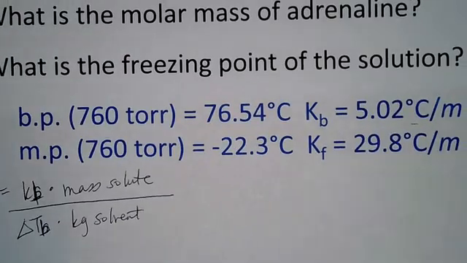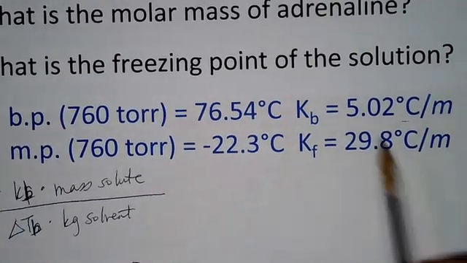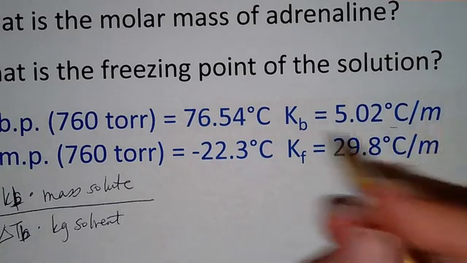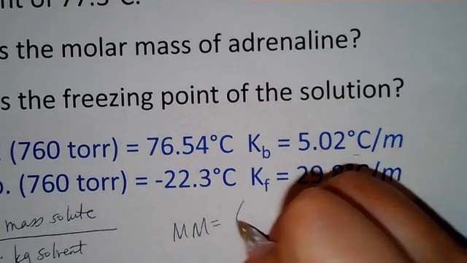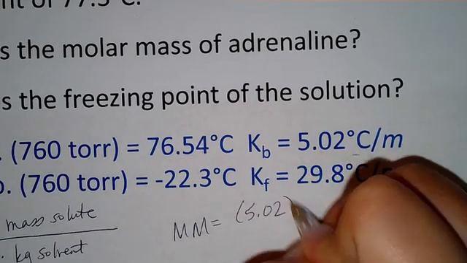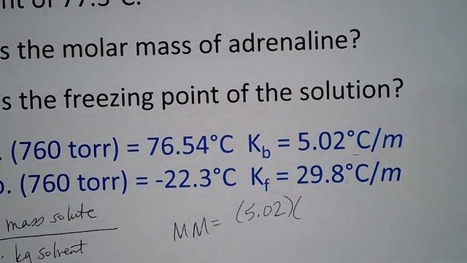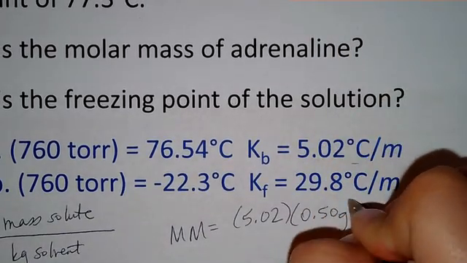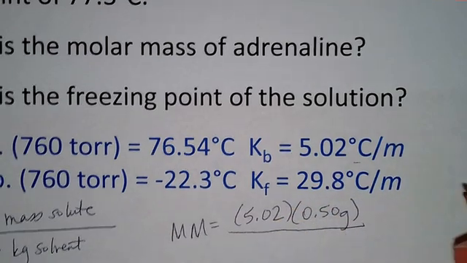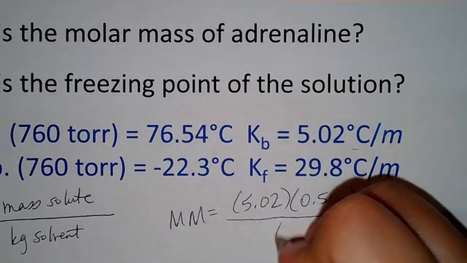Alright, so Kb is 5.02 times the mass of our solute, which was given at 0.5 grams of adrenaline, divided by 0.018 kilograms of our solvent. So I'm just moving the decimal place over.